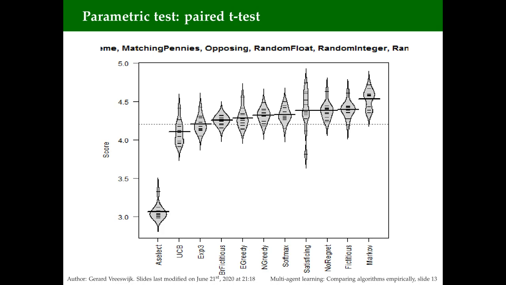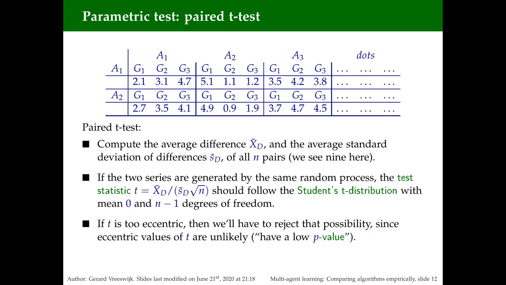However, the problem is that you can't assume, well, let's go back, you can't assume that this data here is distributed normally. In the graph I just showed you a few seconds ago, it is tested and it was distributed almost normally, but you can't assume that.